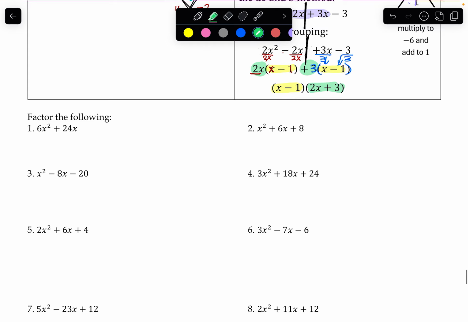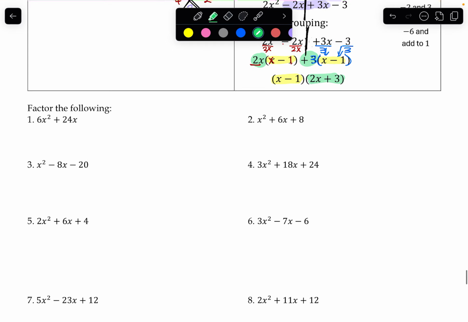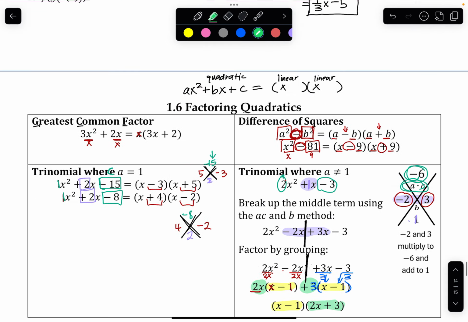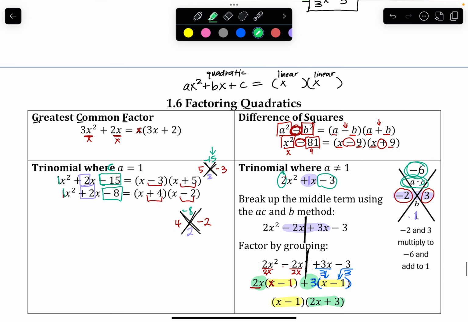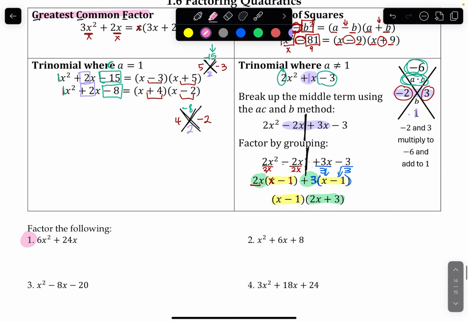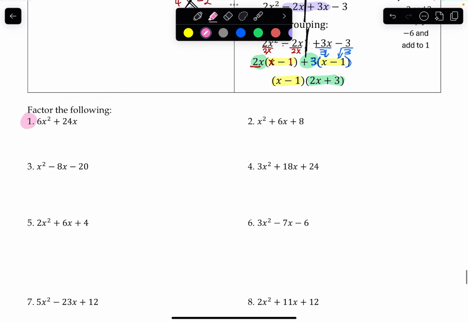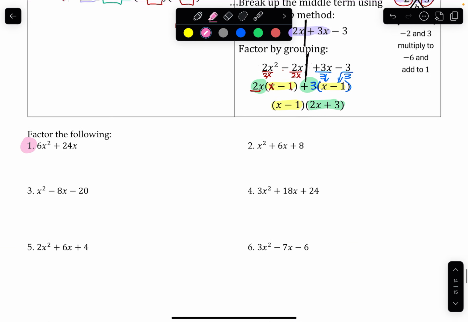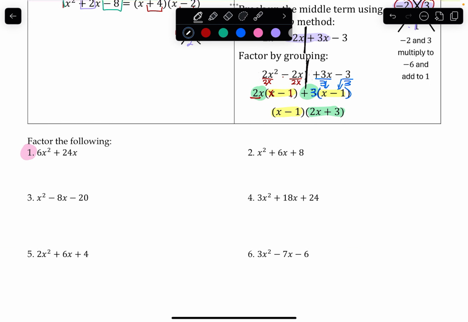Okay, so let's just do some examples. I want to start with any kind of GCF problem, which was the first type we looked at, the greatest common factor. And so number 1 is a GCF problem. I don't see any others. I recognize it because there's an x here and there's only 2 terms.